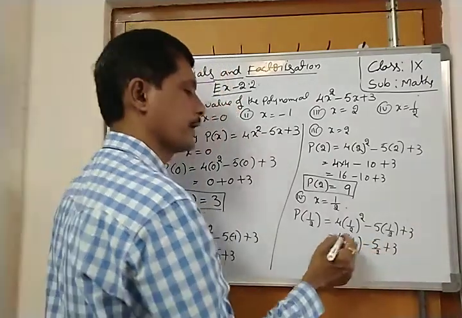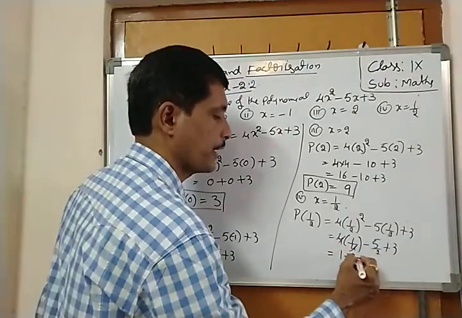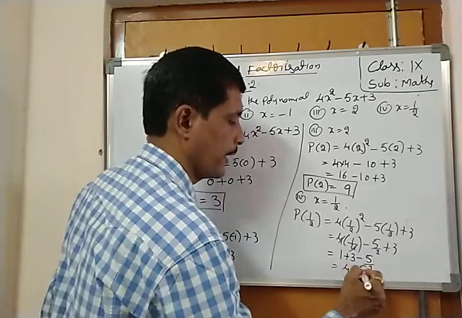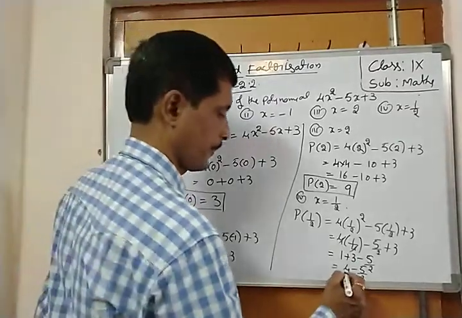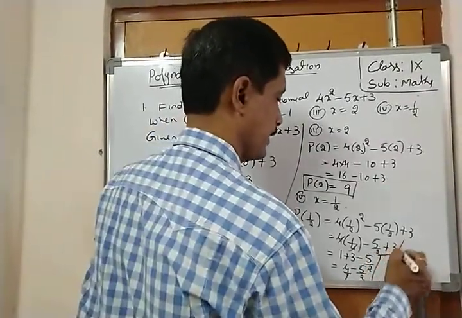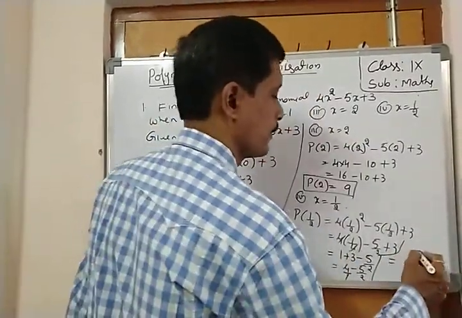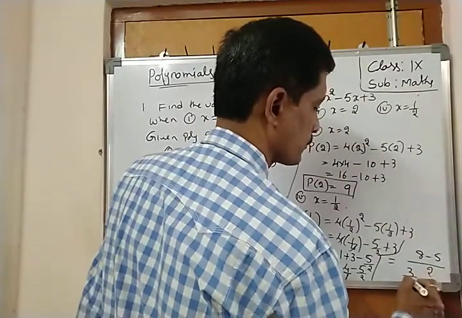Here the 4 gets cancelled, that is 1. Here 1 plus 3 minus 5 by 2, that is 4 minus 5 by 2. Find the LCM and simplify. The LCM is 2. 8 minus 5 equals 3 by 2 is the answer.